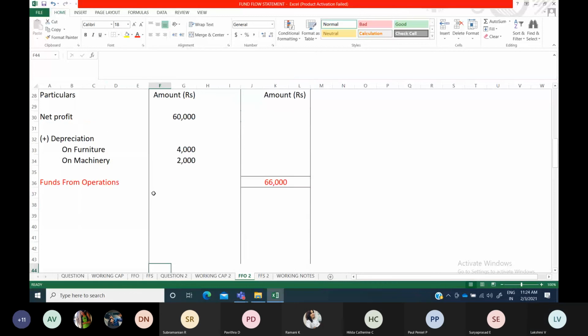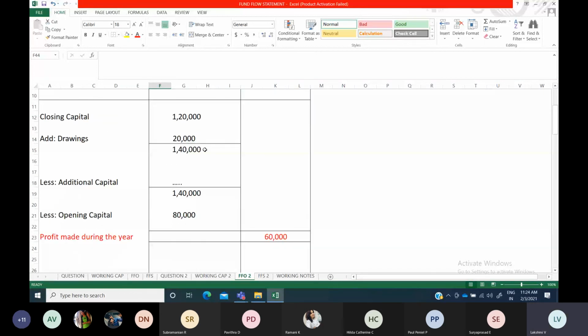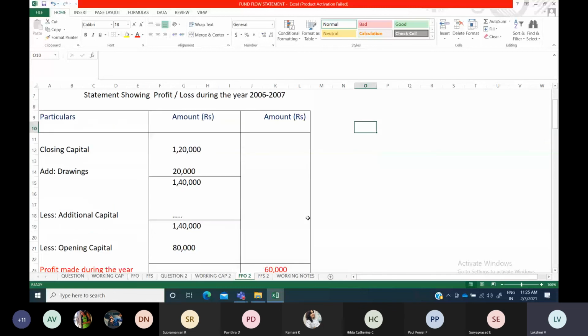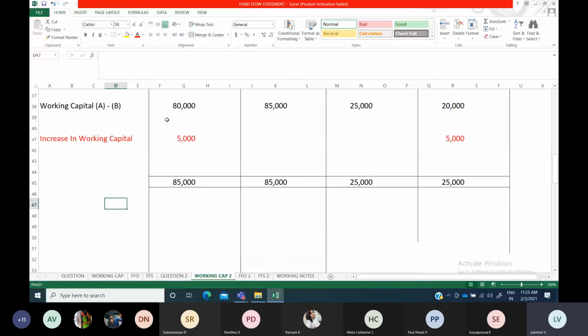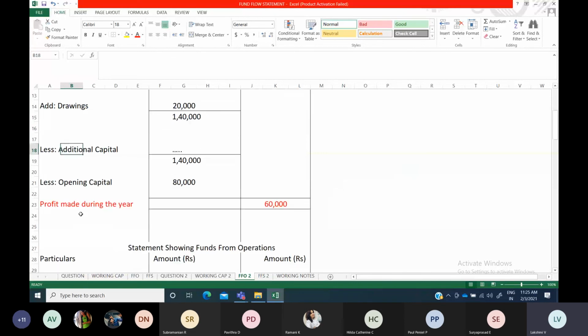Okay. So far what we discussed now: the first step is your statement of changes in working capital, where we found out the increase in working capital. And in the second step, since it is a sole trader concern and no profit information is given, I have used all this information in order to calculate my profit.